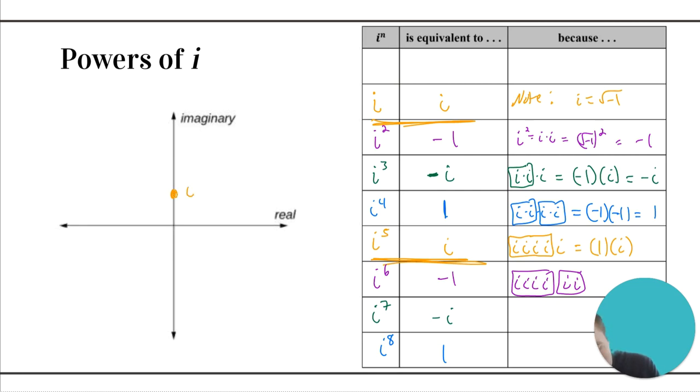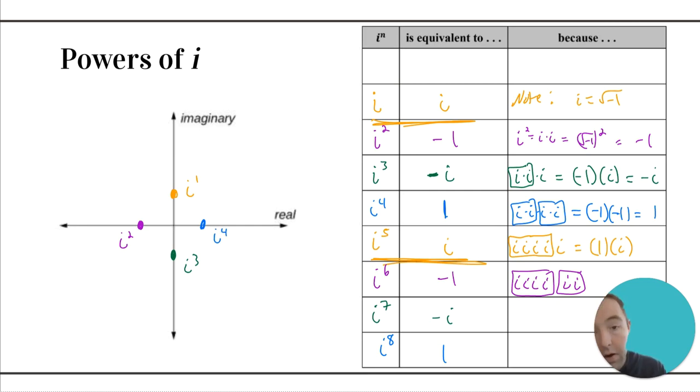So this is going to be i to the first power, which is just i, of course. And then from there, we got -1 as i squared. And then we got -i as i to the third power. And then we got i to the fourth is 1, right?